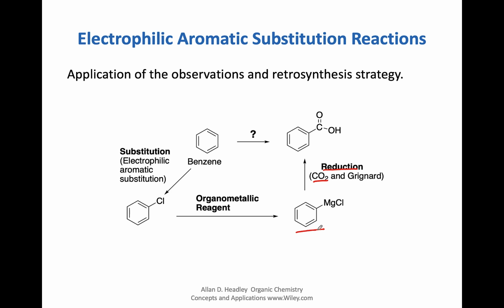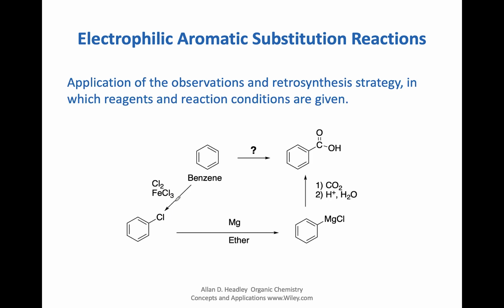Of course, you can make a Grignard with a chlorobenzene, and you can make a chlorobenzene by an electrophilic aromatic substitution reaction. Notice I'm using here chlorine because chlorination is much cheaper than bromination, much more cost effective.